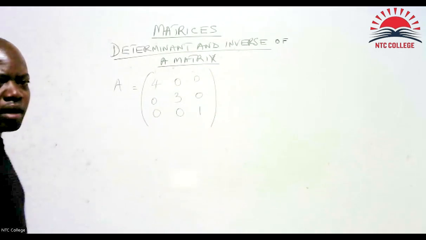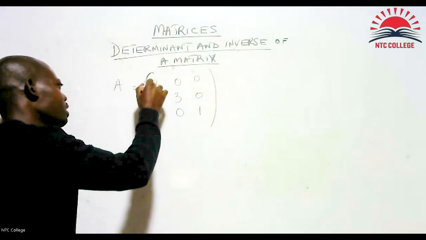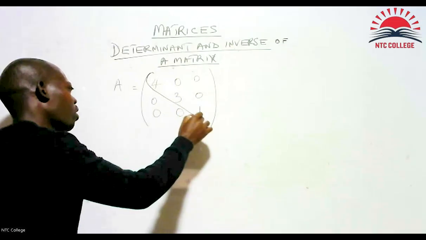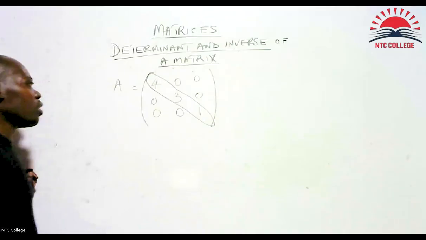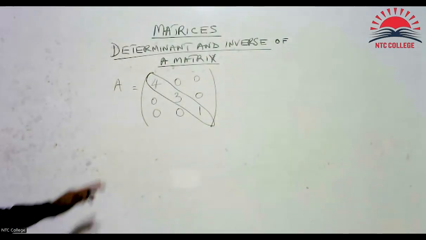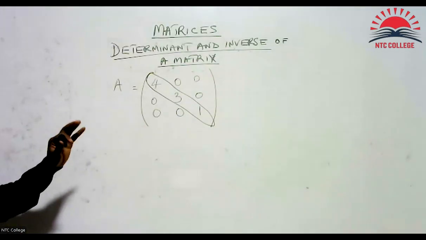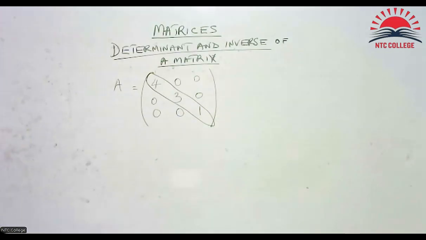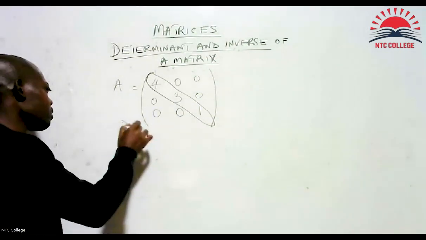So this is an example of a diagonal matrix because the main diagonal, which is also called the principal diagonal, has got certain elements which are not necessarily the same, but everywhere else we have got zeros. The case of diagonal matrix.